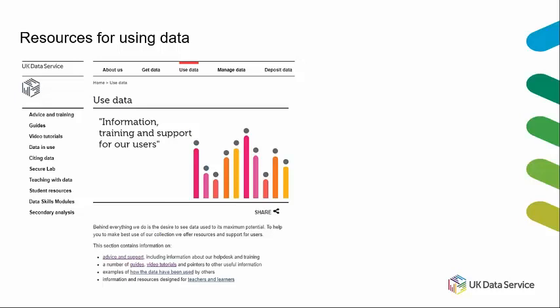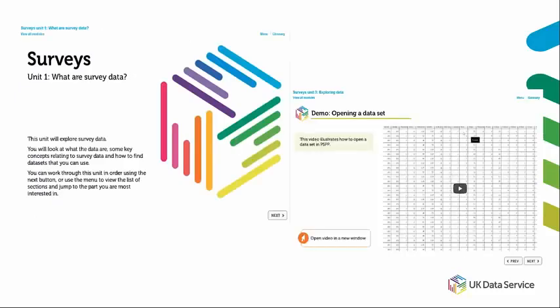So for example, along the left hand side there you can see different sections, and there's a data skills module. The data skills modules tend to be at an introductory level, and they're interactive modules designed for users who want to get to grips with key aspects of data. So whether that be survey data, longitudinal, aggregate data.